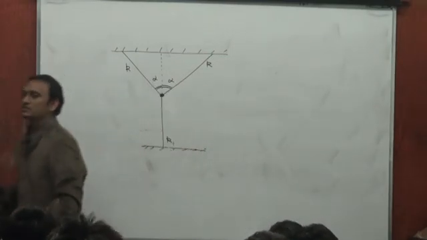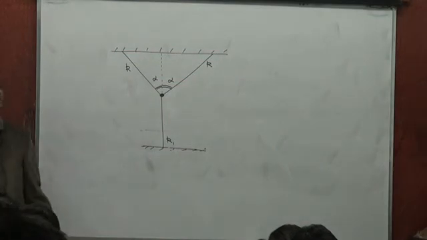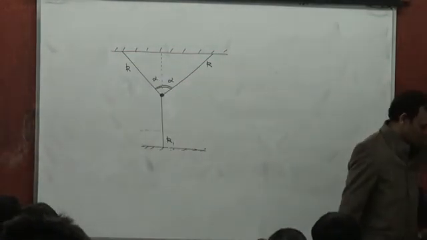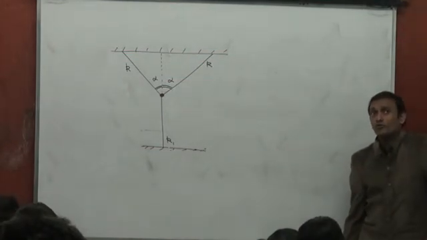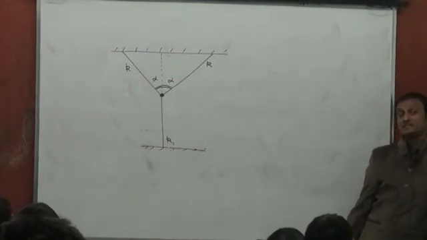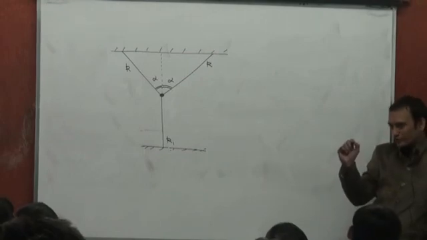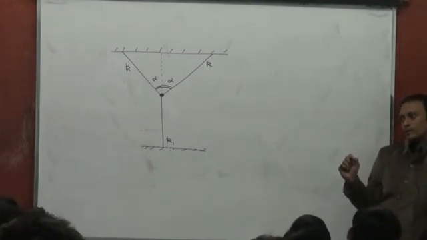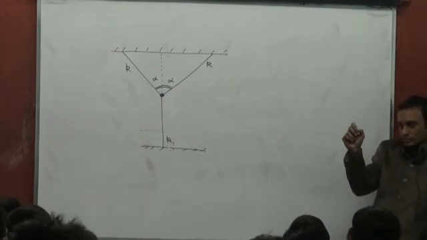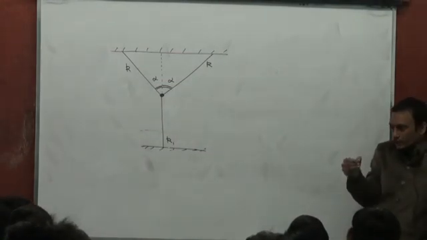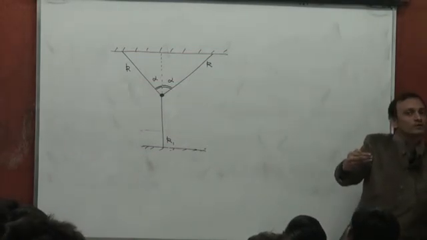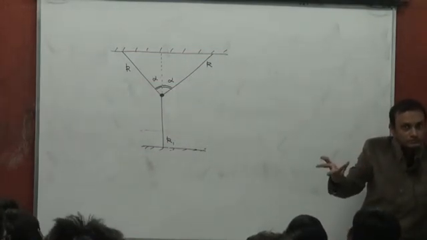Now, in situations of this kind, they will always categorically mention that the displacements are very, very small. After all, whenever you are initiating simple harmonic motion, it's about an equilibrium state from where you cause a deviation and then simple harmonic motion results, right?